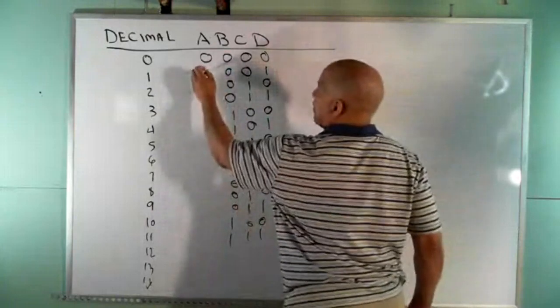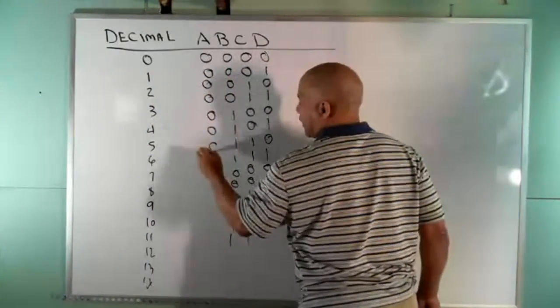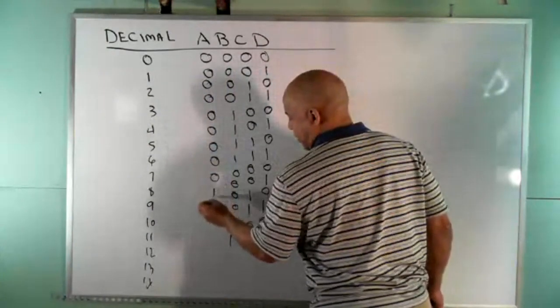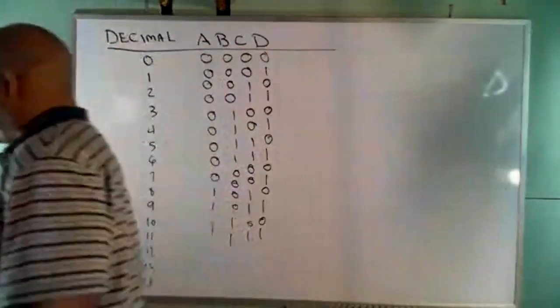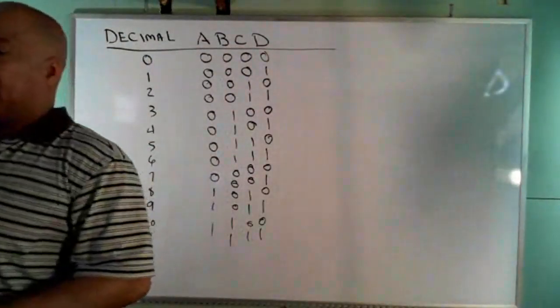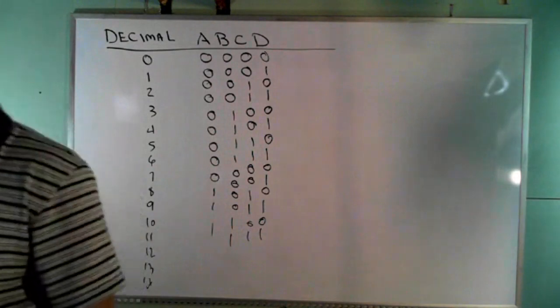And then this will be every 8 bits. So 0, 1, 2, 3, 4, 5, 6, 7, 8, 1, 2, 3, all the way down. So fill that out. Count in binary, all the way up to 15.